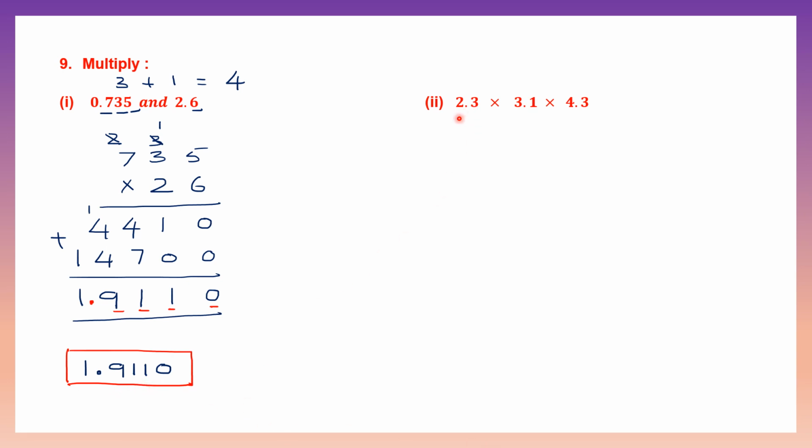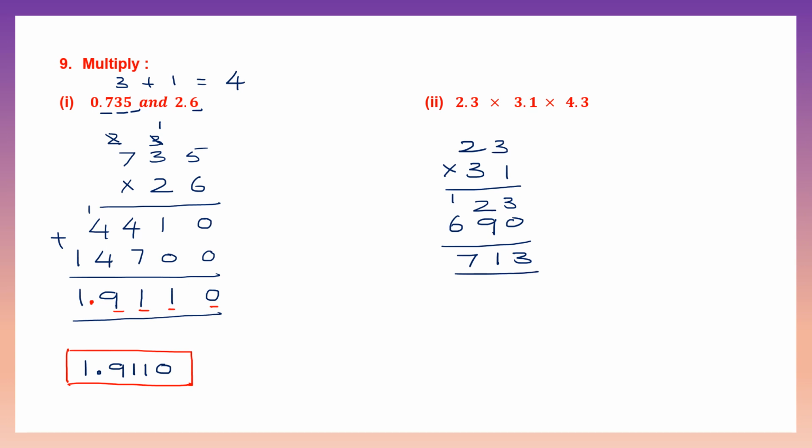So here there are 3 numbers to be multiplied. So let's multiply the first 2 numbers, get an answer, and then multiply the third number. So that is 23, I'm ignoring the point and multiplying, into 31. So 1 3s are 3, 1 2s are 2. Then second step, 3 3s are 9, 3 2s are 6. So here we get 3, 2 plus 9 is 11, carry 1, 1 plus 6 is 7.